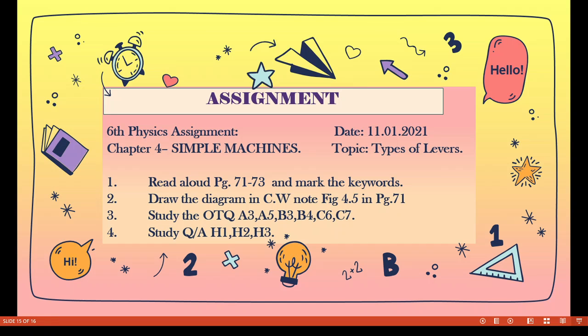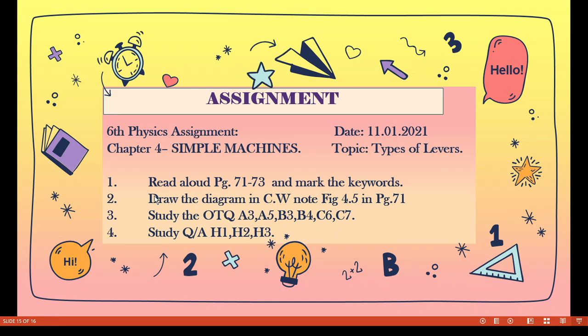In order to understand the whole concept, or to perform the calculations, you must be very familiar with this picture given in page number 71, figure 4.5. That's why I have given this as homework.